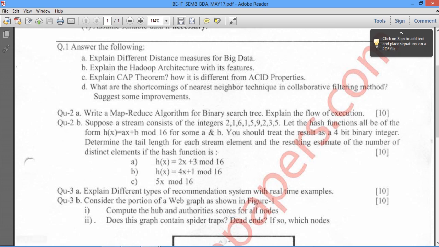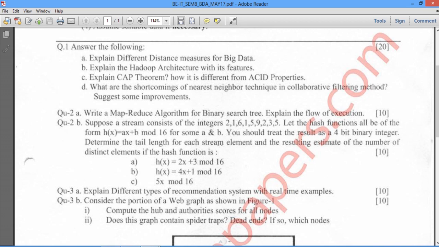And the values are given to you: a is 2x plus 3 mod 16, b is 4x plus 1 mod 16, c is 5x plus 16. So when you have such a question, where a stream of data and more than one hash function are given, there is a different way to solve it, for which we will make another video in which we will explain in detail how you are supposed to solve that sum.